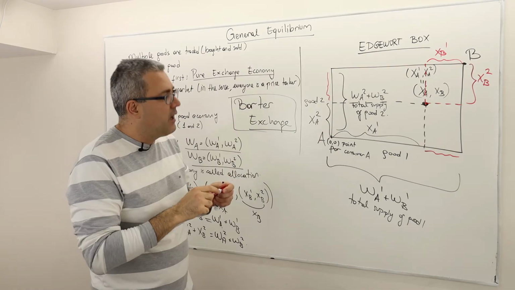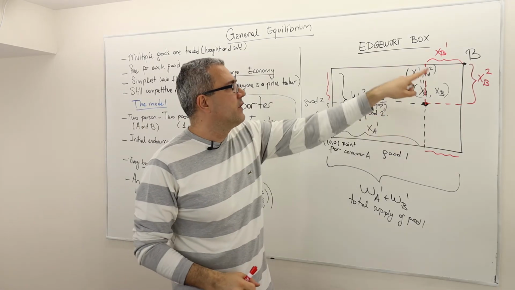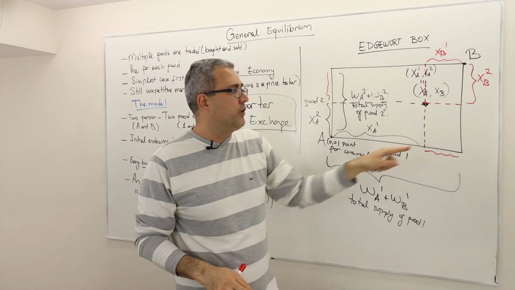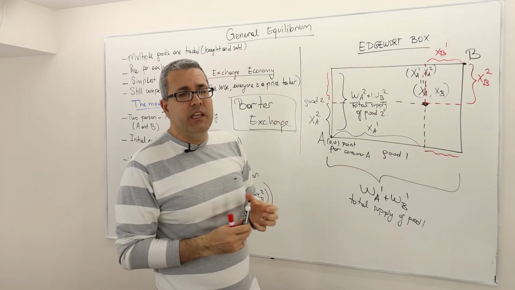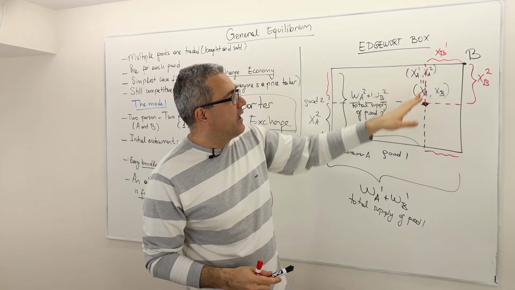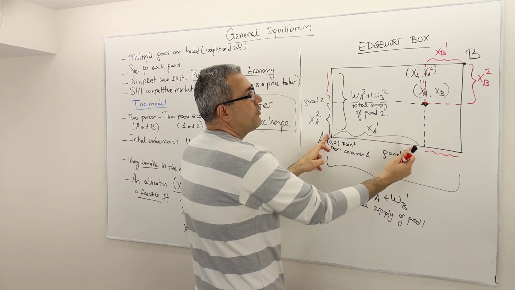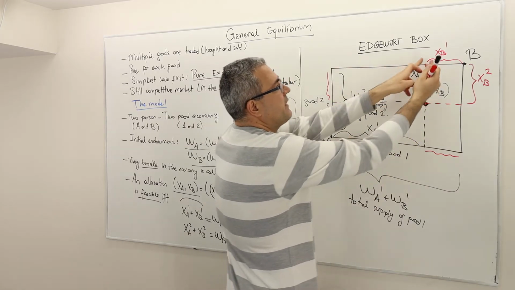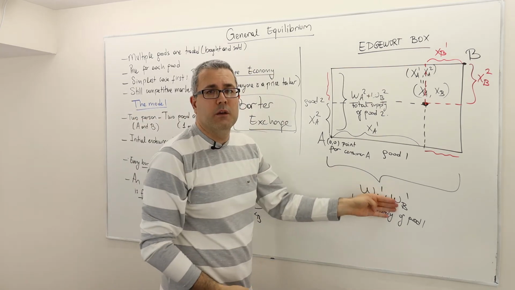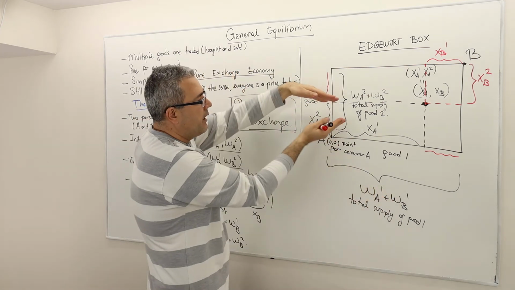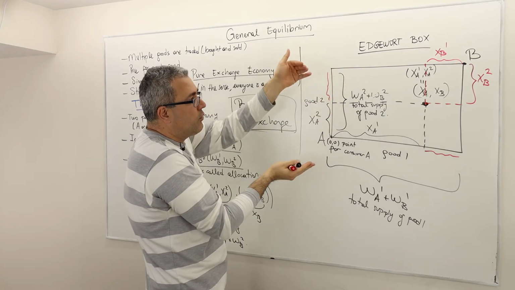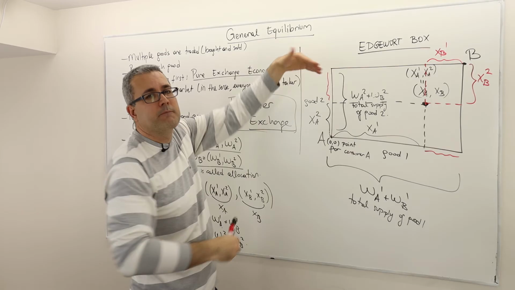So for any point in this box, or on the boundaries, XA1 plus XB1 always equals WA1 plus WB1. Symmetrically, XA2 plus XB2 is equal to the total supply.